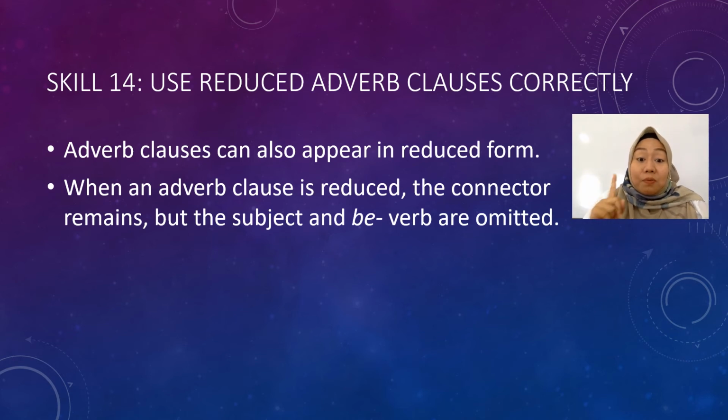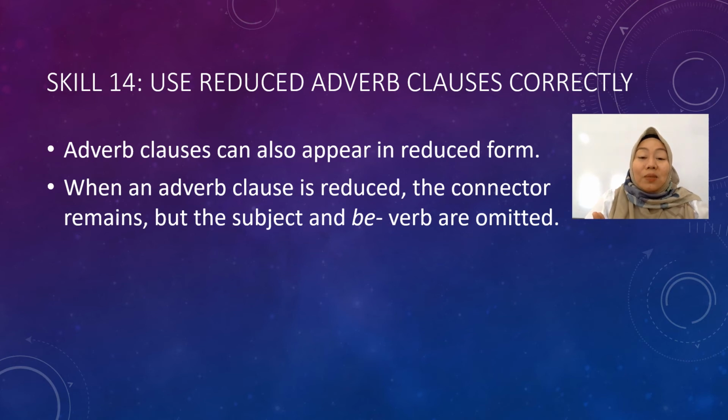Okay, different from adjective clauses, in which we can omit the adjective clause connector and the be form to reduce the clause, in adverb clauses, if we want to reduce them, then what we should do is to omit, to delete, the subject and the be verb.